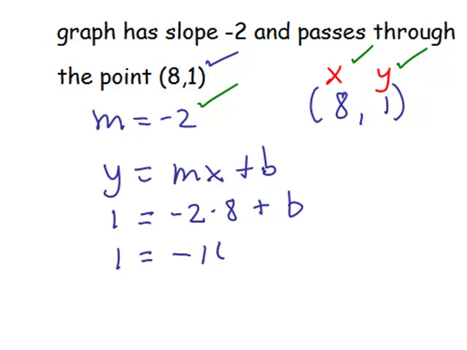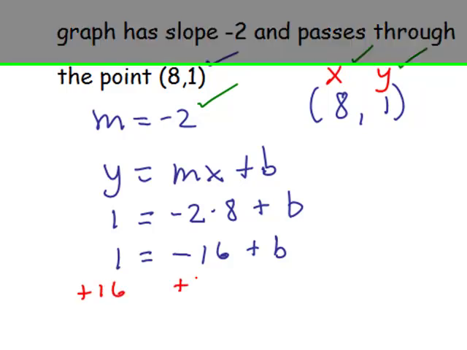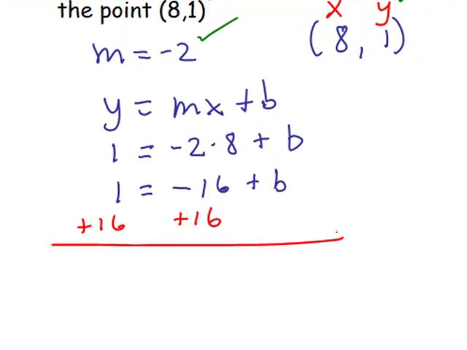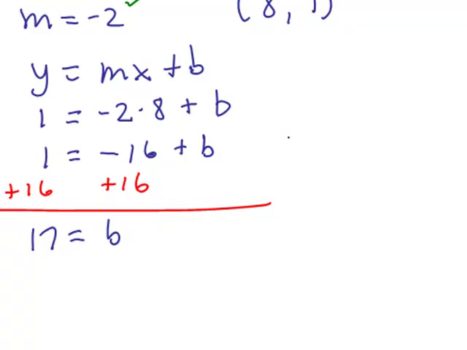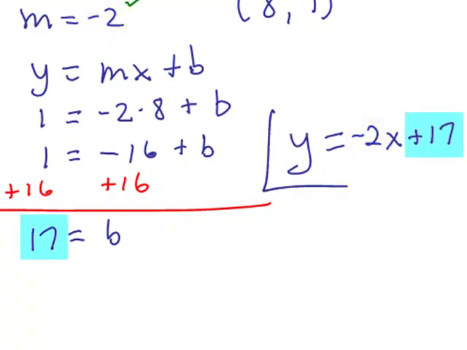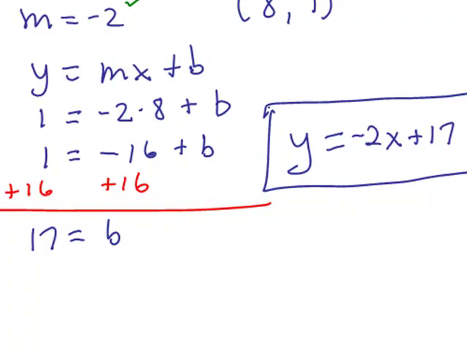Let's see, that's 1 equals -16 plus b, and adding 16 to each side, we discover that 17 equals b, or the b value is 17, and then we can put this together into our equation, which is y equals m, which we've said is -2, x plus b, plus 17. And there's the equation of the line.